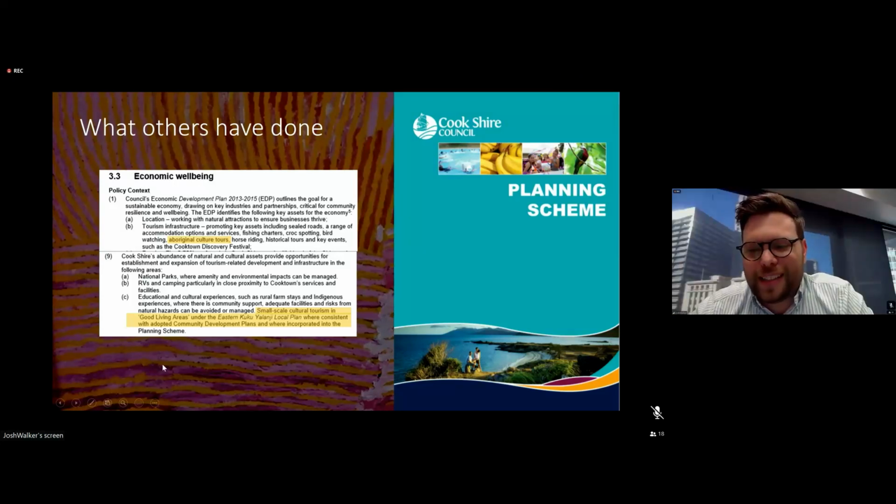And look, some of the state guys may have worked on this, but I actually found that this is a pretty good one in terms of that light touch and filtering Indigenous outcomes throughout the scheme. So you can see, for example, in the strategic framework and the economic wellbeing, they talk about tourism infrastructure, including Aboriginal cultural tours.